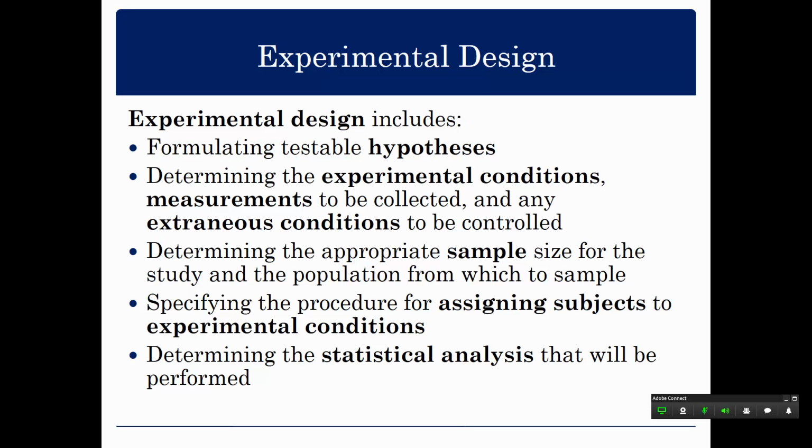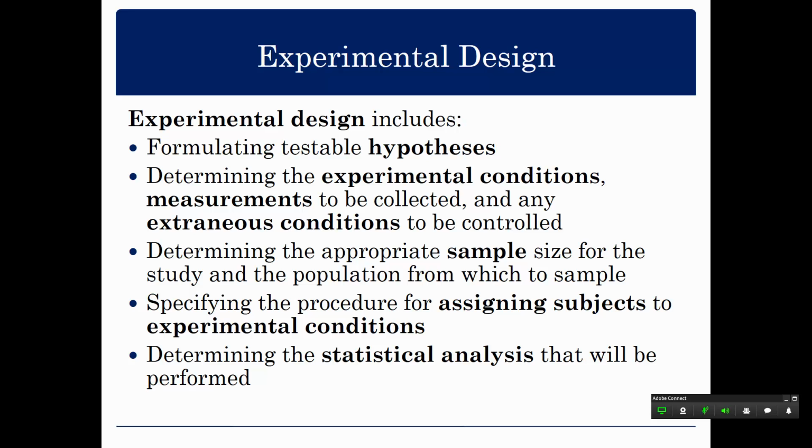So the steps in design, we have to formulate testable hypotheses, determine the treatment groups or the experimental conditions, how we're going to collect measurements, and what other things we need to control, either through a controlled environment for our study, limiting our population to a certain more homogeneous group of patients, or there are many ways of controlling.